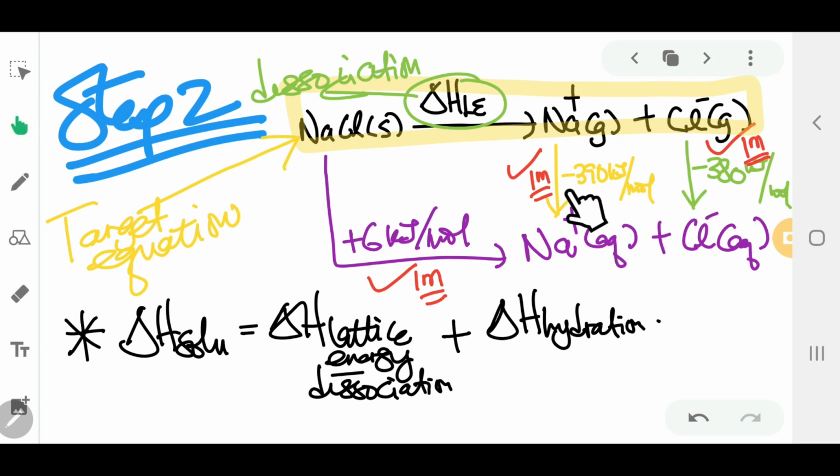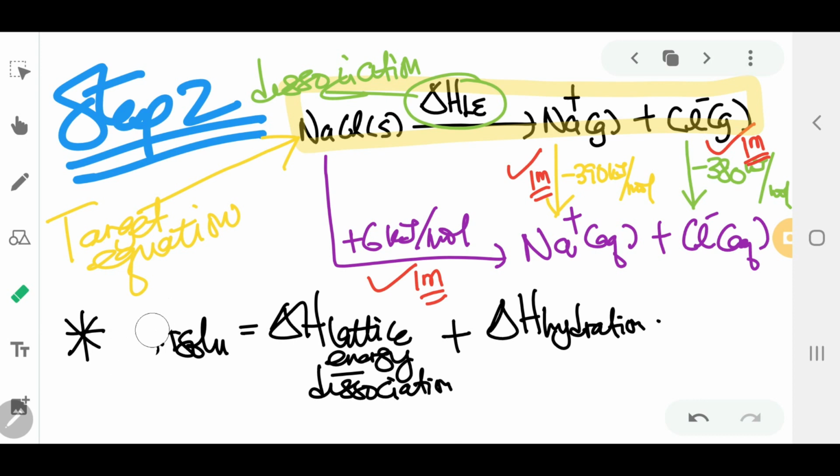Those are hydration, and that is for the solution. So when you use this formula, you're going to substitute this into there.